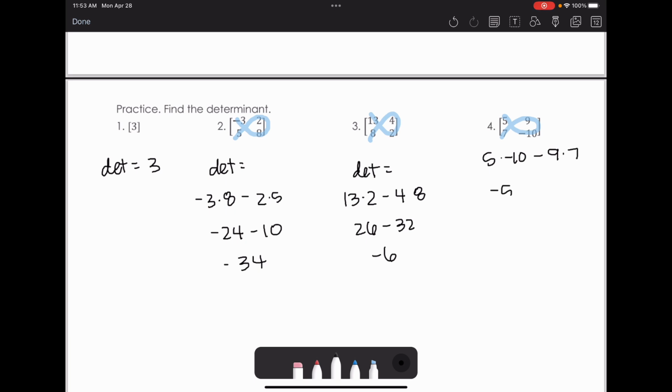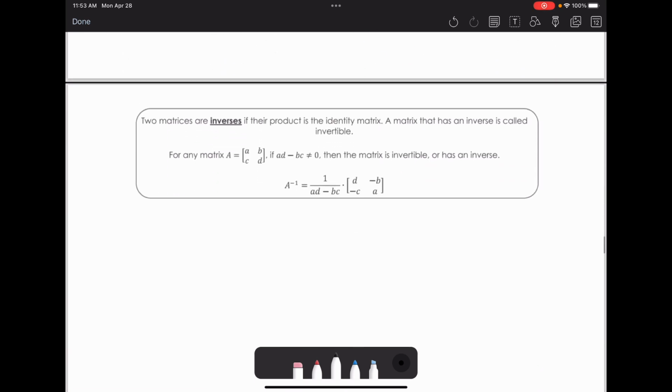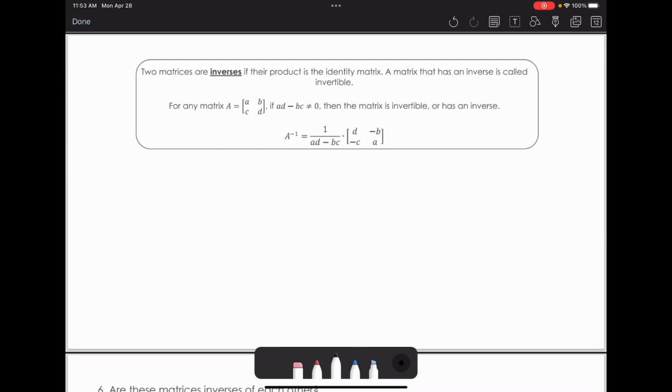So that's -50 minus 63. That's -113. So the determinant equals that. Okay. On your paper, it goes into how to do a 3x3, but we're going to stick with the 2x2s for a minute. Then we'll go back and do the 3x3s.